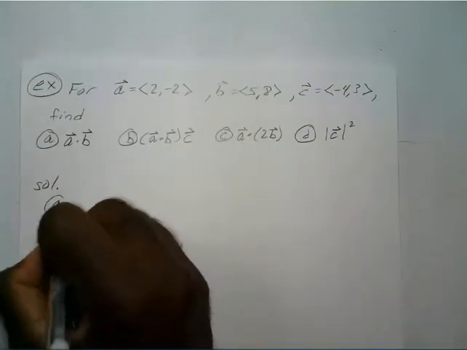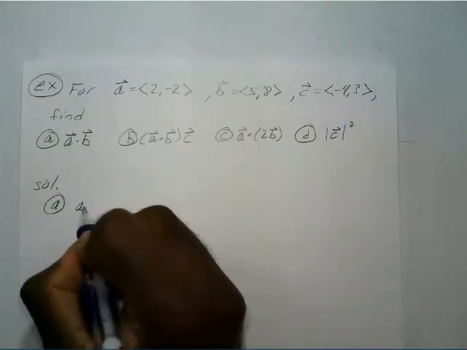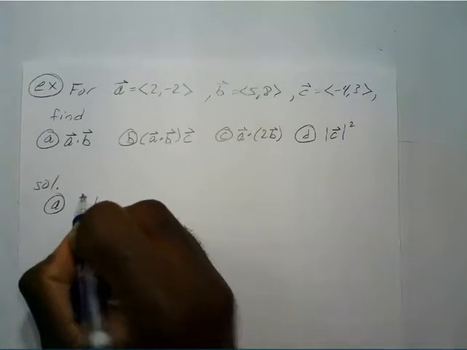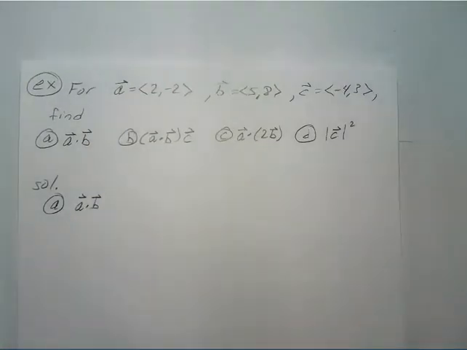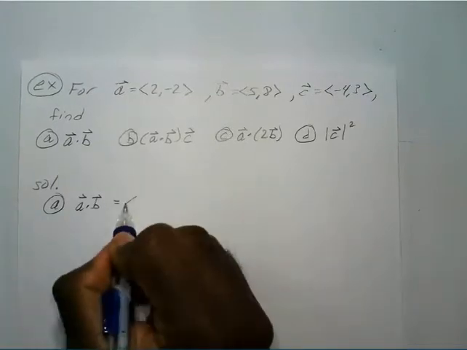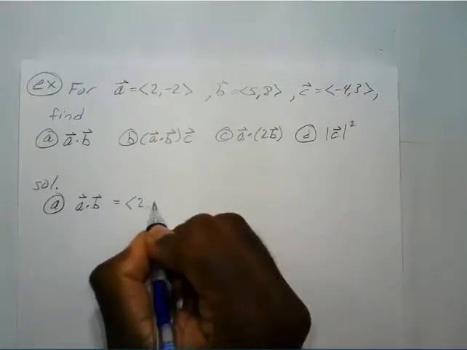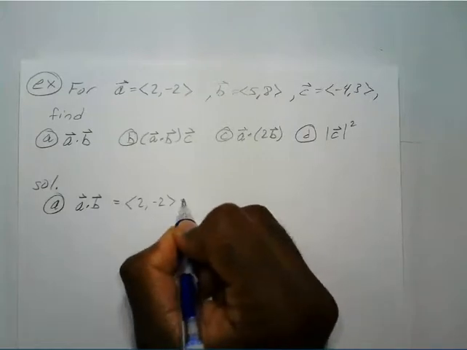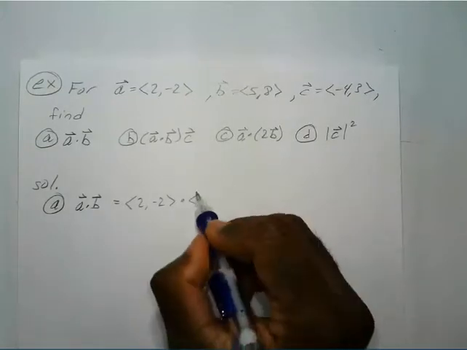Okay, so for problem A, we have the dot product of A and B, which is really just the dot product of 2, -2 and 5, 8.